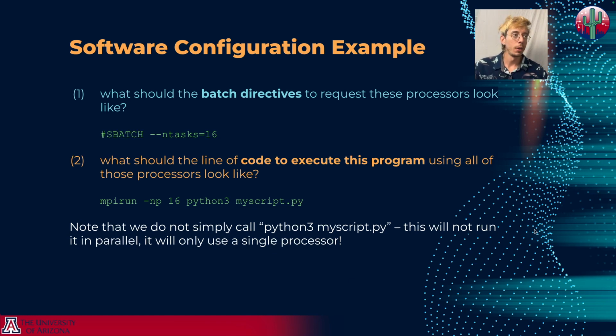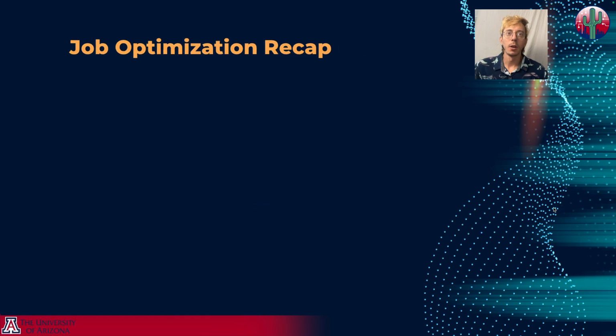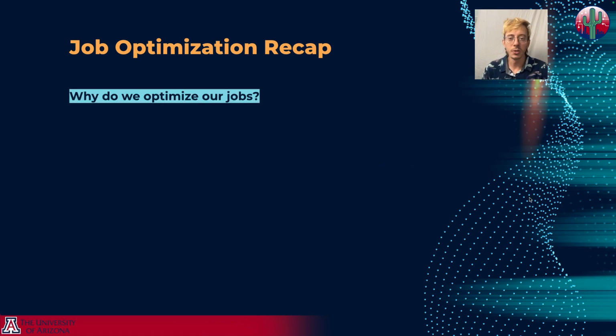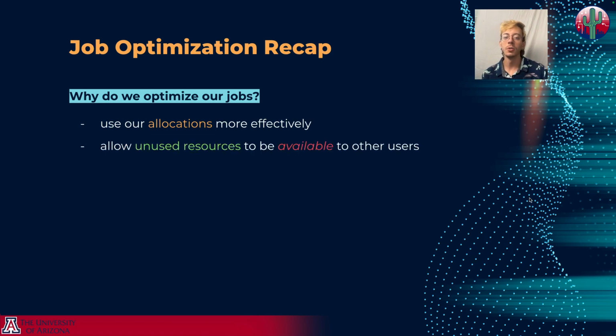Okay, well, that's about all we have time for in our job optimization. So let's recap. Let's go over what we've learned so far. Why do we optimize our jobs? We want to use our allocations more efficiently, and we want to allow unused resources to be available for other users on the system in order to increase the efficiency of the entire HPC system.